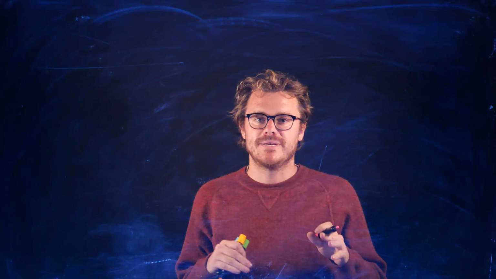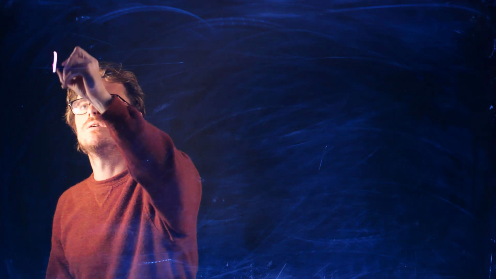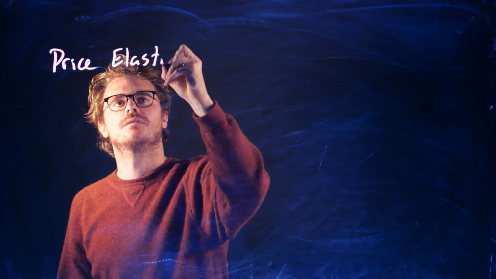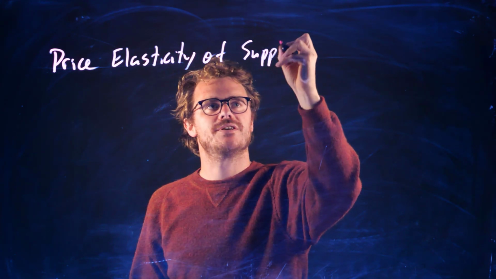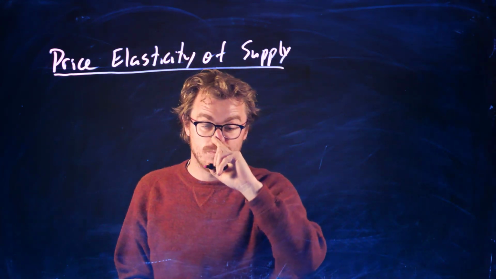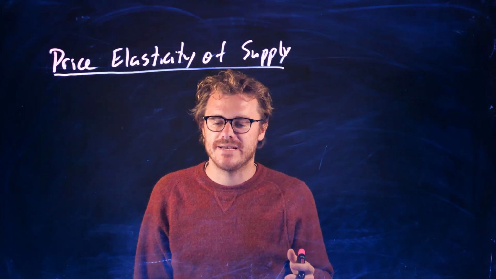So far, we've really only been talking about the price elasticity of demand, but we can also talk about the price elasticity of supply. We're going to cover this relatively quickly because it's very, very similar to what we somewhat slowly went over with the price elasticity of demand.